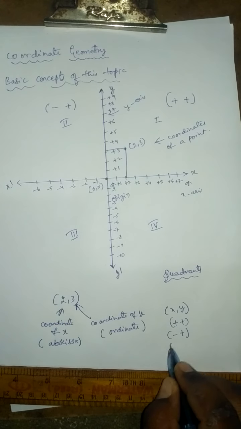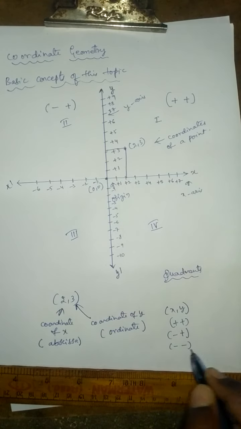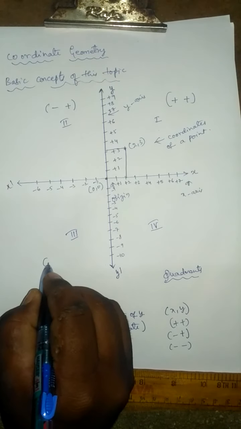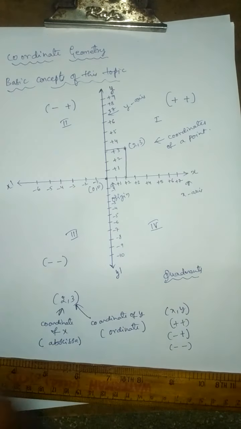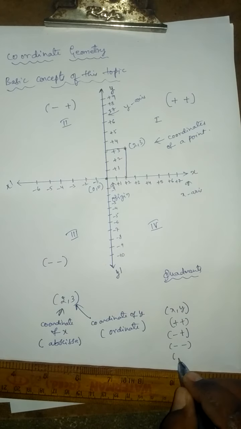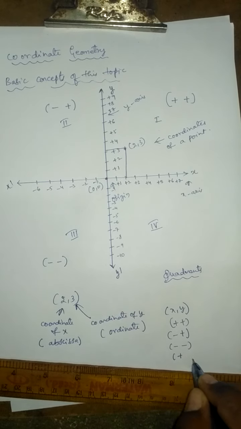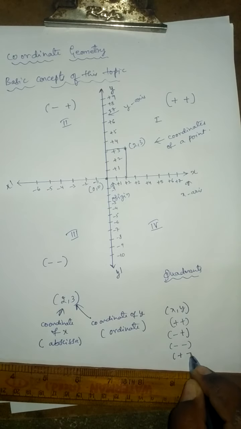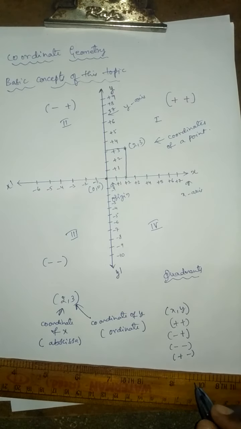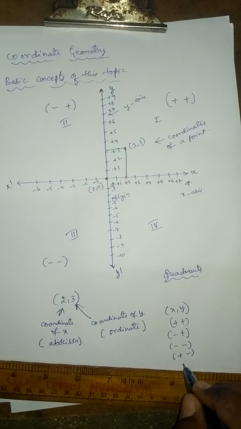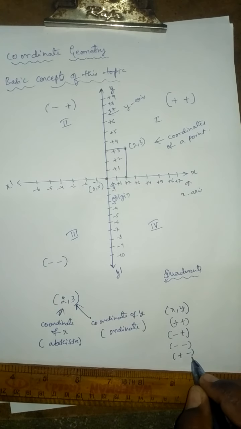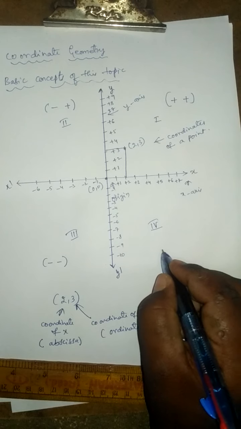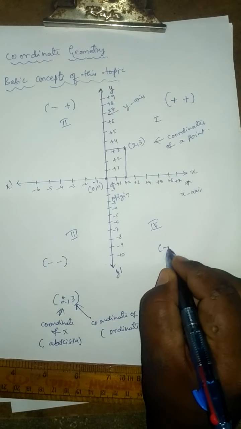Next, if x is negative and y is also negative, these values will exist in the third quadrant. Lastly, if x is positive and y is negative, these coordinates will exist in the fourth quadrant.